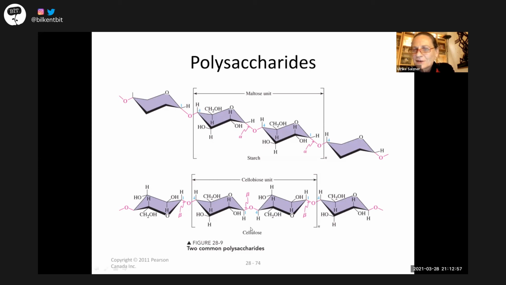Chemically, very little difference, but the difference are the enzymes. Our body has no enzyme to break this down, and therefore this is dietary fiber. When we say we should eat a high fiber diet, cellulose is a plant material which we cannot digest. Very similar to starch in the chemical structure, but physiology is very different, because our enzyme which breaks down this one cannot work on that one.